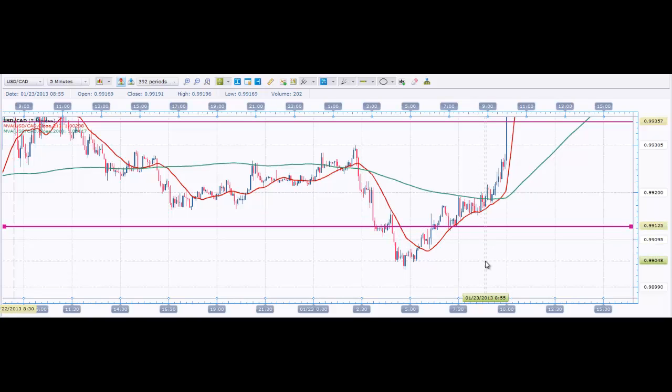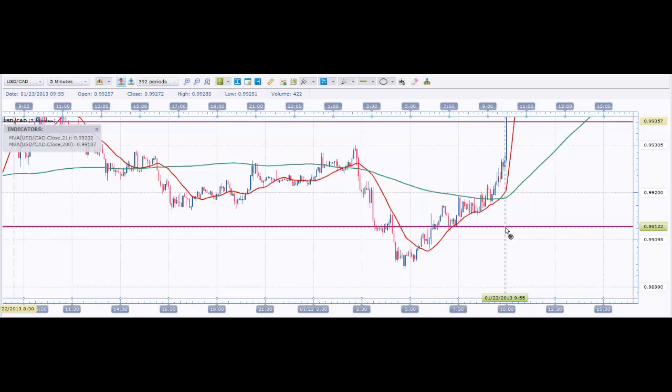The Bank of Canada is going to make its interest rate statement at 10 a.m. Eastern Standard Time. I knew that if this moved, it was going to move strong in one direction, either for me or against me. And why go ahead and set up and take a 40 pip loss when I can take a 28 pip loss? I want to preserve my capital.